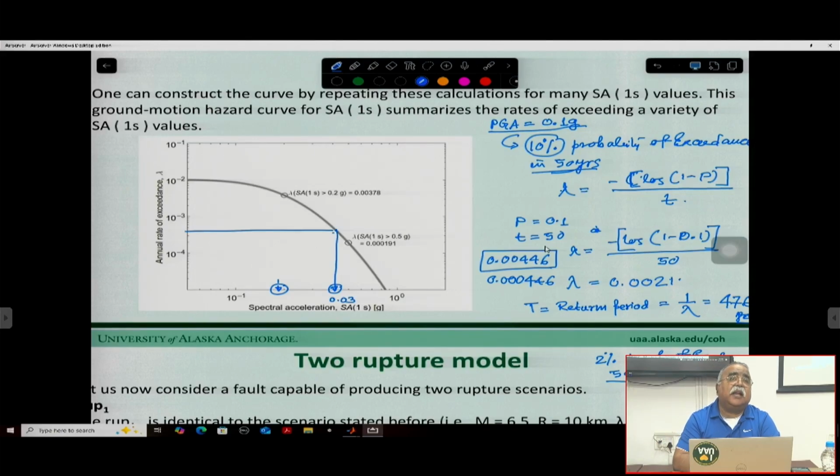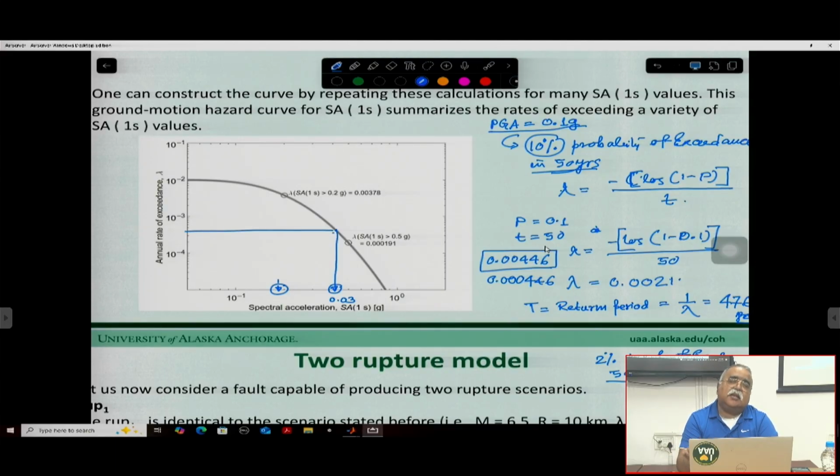This should be the spectral acceleration of the building. So the building has to be constructed so that it has a return period, and it can withstand any earthquake which has this much exceedance, right? So that is what the building construction considers.